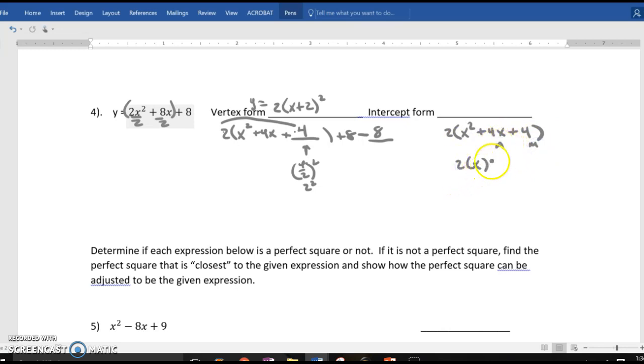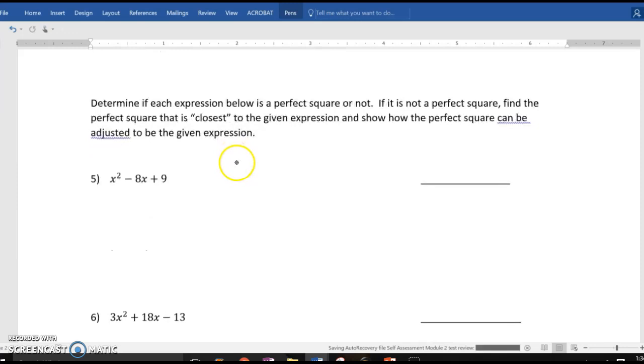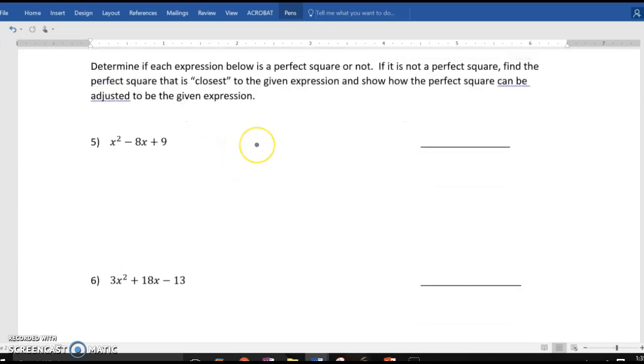And that is 2 times x plus 2, x plus 2. And that would be your intercept form. 2 times x plus 2 times x plus 2. Does this happen often? No. All right, but can it? Yes.